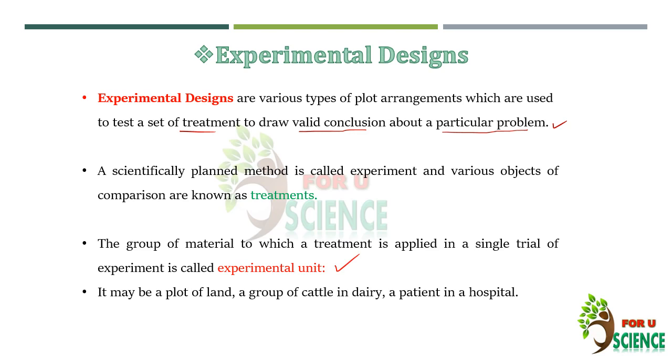That means, for example, we can say the plot of land where the crop is grown, the group of cattle where the study is going on, or suppose a patient in a hospital, the amount of dose of the medicine we are studying, its effect. So this will be called our experimental unit. That means which we use as our testing material or substrate, we call it an experimental unit.